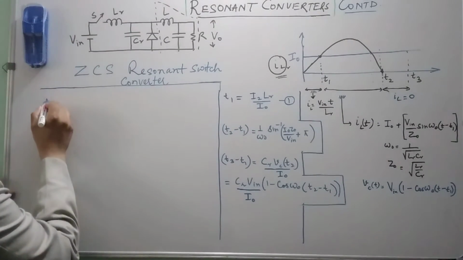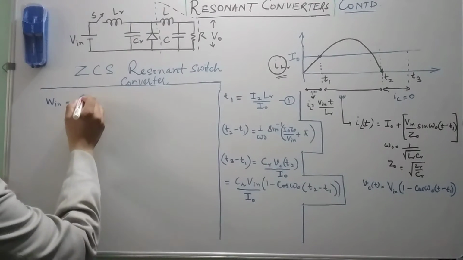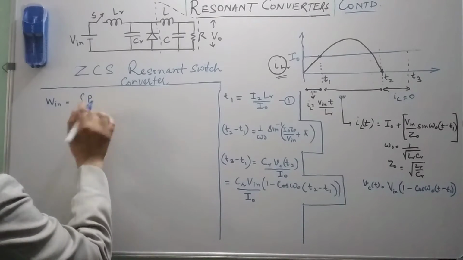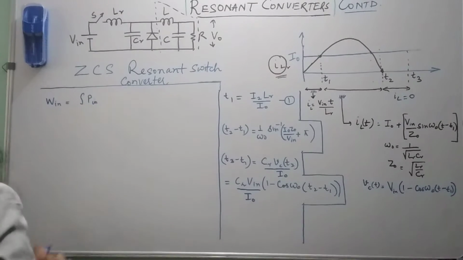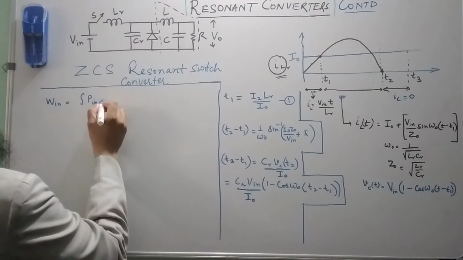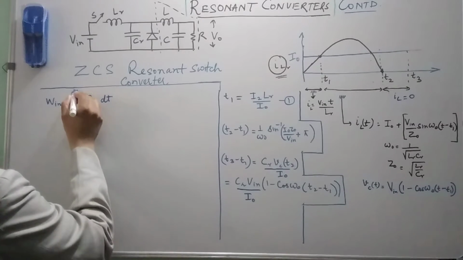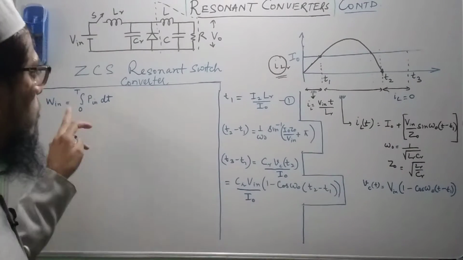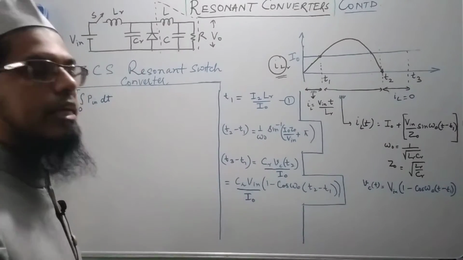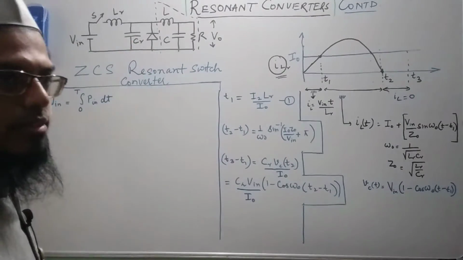Let me call that Win, and that would be given by the power that is being transferred from the input side, let me call it Pin, times dt, and I have to integrate it for the complete duration 0 to T, where T is the period of the switching of the switch S.